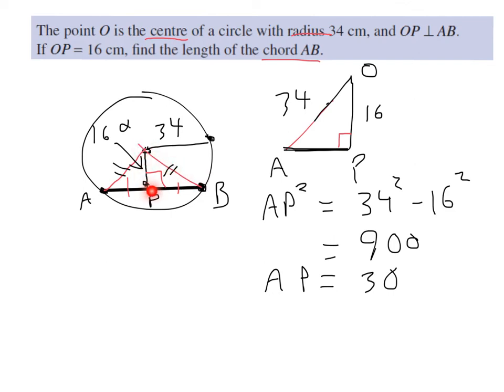And whenever we have a right angle there, the proof behind why AP is the same as PB would be side, hypotenuse, right angle, or RHS. Anyway, AB therefore will be equal to 60, and all of these measurements are in centimetres.